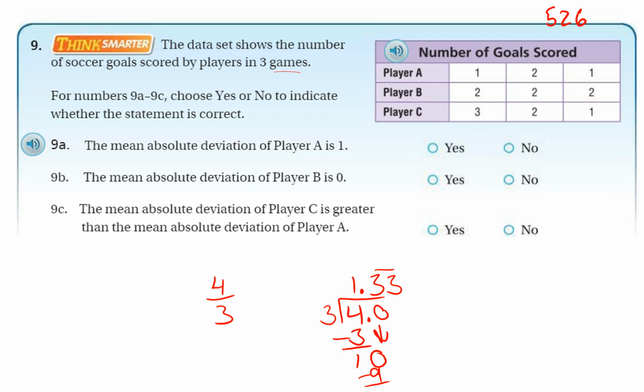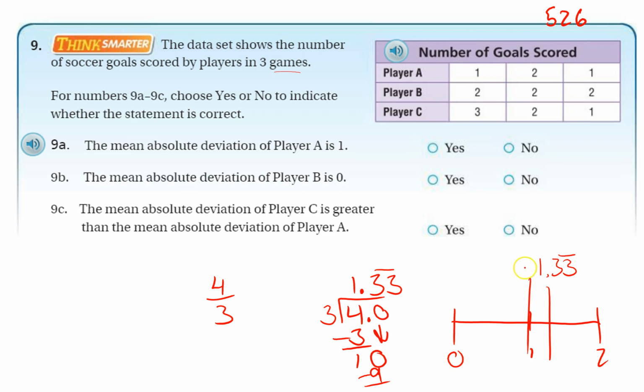And then if that's our mean, say this is 0, 1, right in the middle, and 2, and the mean is 1.33.